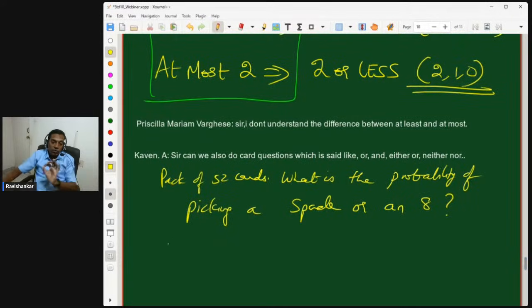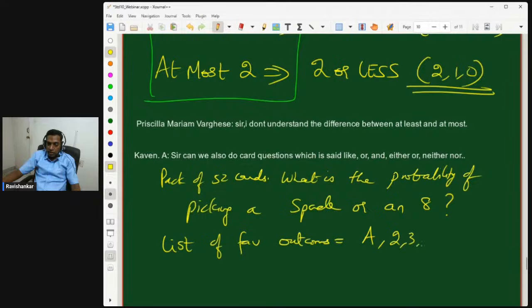So here you have to look at the list of favorable outcomes. Forget the number. First, let's do the list. A spade, 2 spade, 3 spade, till king spade. 13 cards.